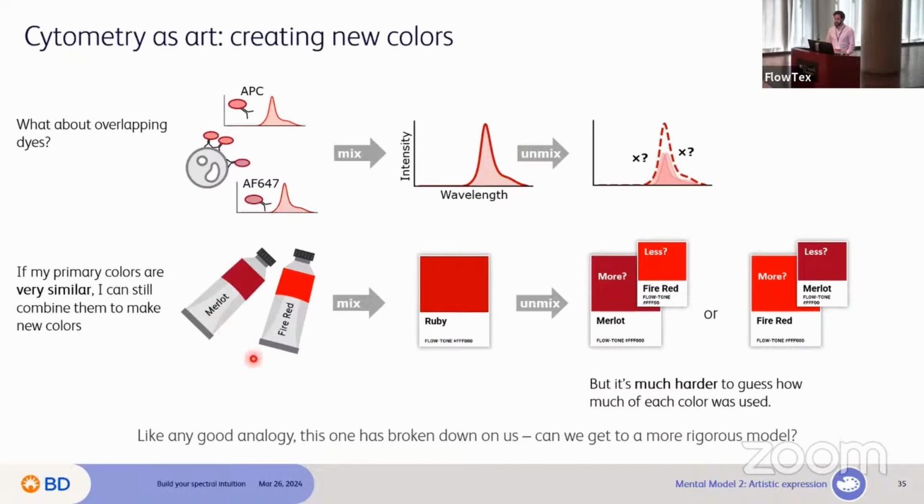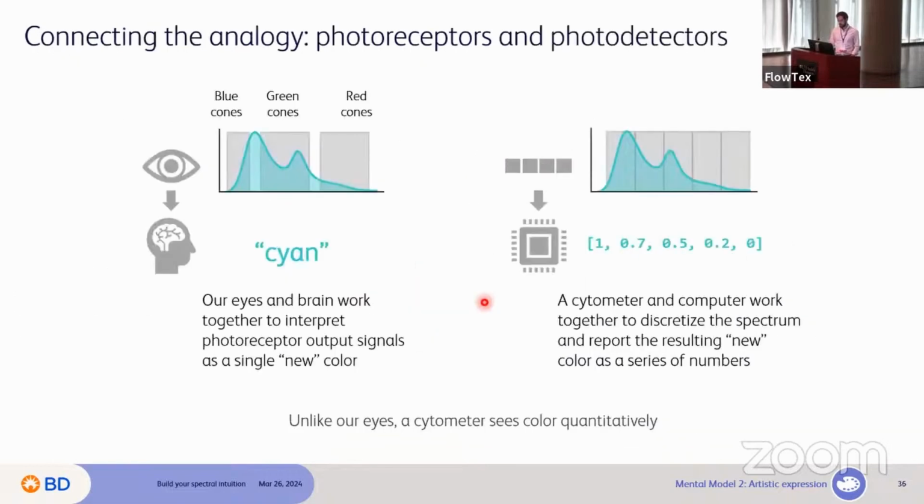So if I imagine two red colors like Merlot and Fire Red, and I show you another color in the middle, it would be hard for us to infer whether it was more Merlot and less Fire Red, or maybe less Merlot and more Fire Red. If we did a poll of the room, we would probably get a spread in our results. That's getting to be a tortured analogy, so let's think if we can get to a more rigorous model here.